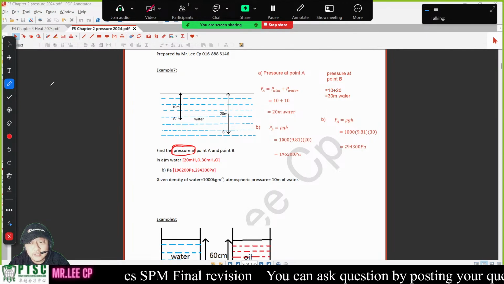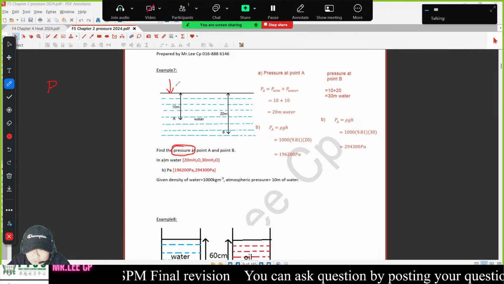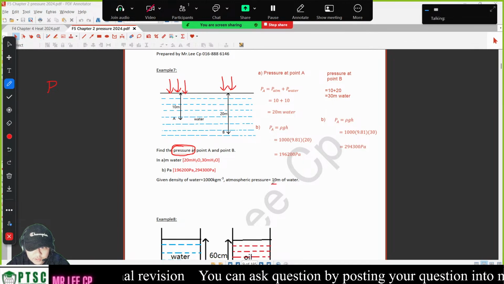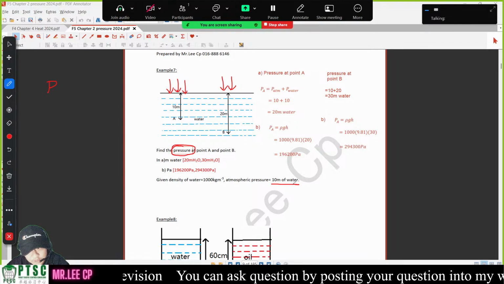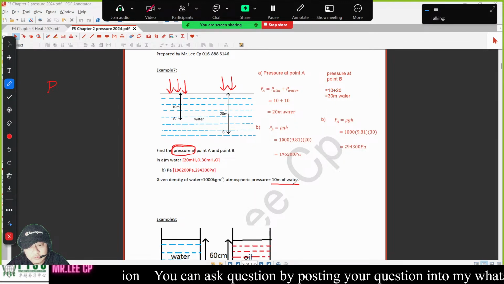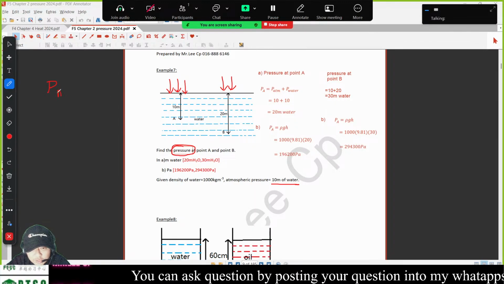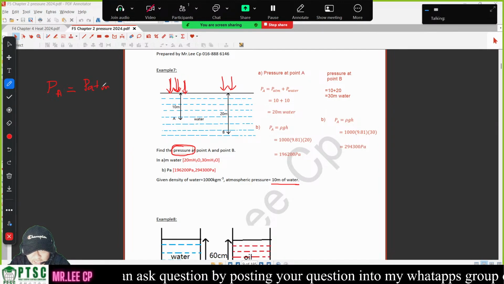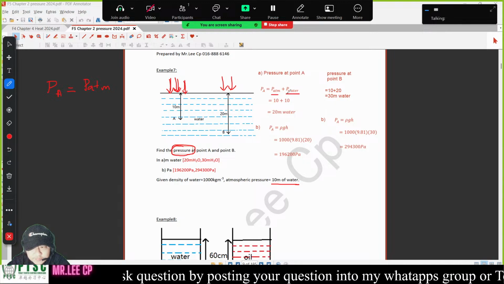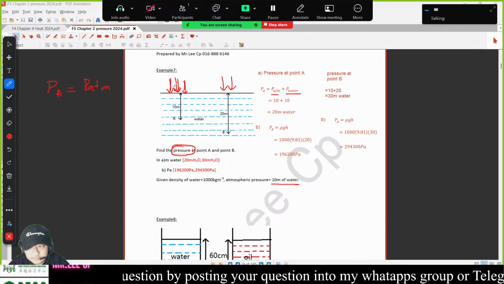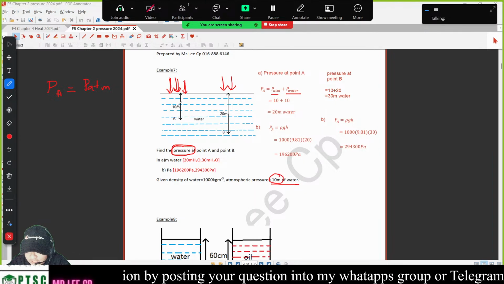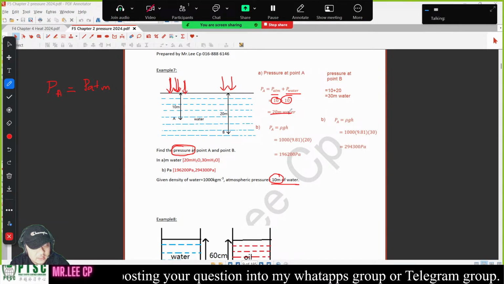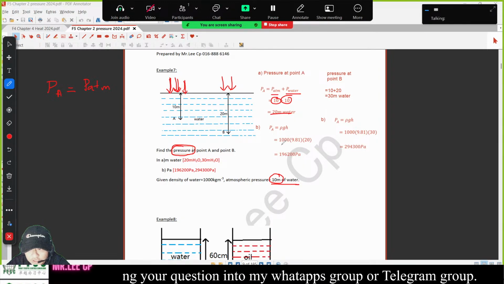Because you got atmospheric pressure here, they will surely give you the atmospheric pressure. So pressure at A is atmospheric pressure, PATM, plus pressure of water. Atmospheric is 10, water is 10, 10 plus 10, 20. If you want to change it to Pascal, you use rho gh.